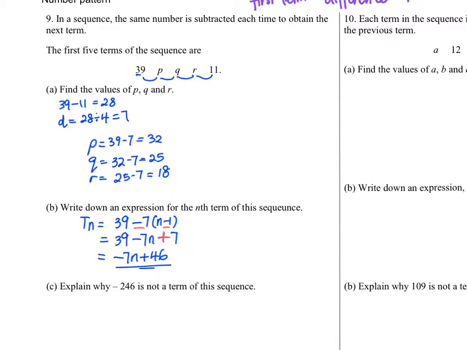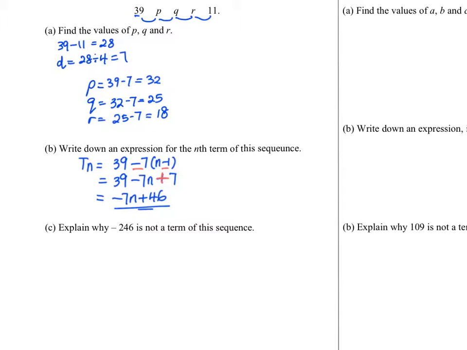Next part of the question, explain why negative 246 is not a term of this sequence. How do I know whether it's a term or not? If this is a term, it will be negative 246, and I try to equate it to this formula to find what my n is. So negative 246 equals minus 7n plus 46.